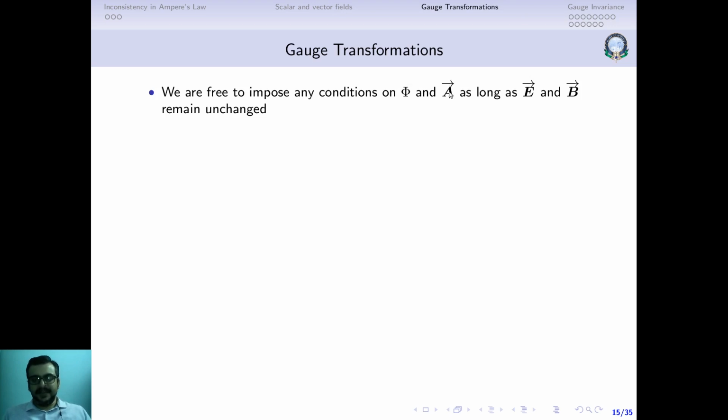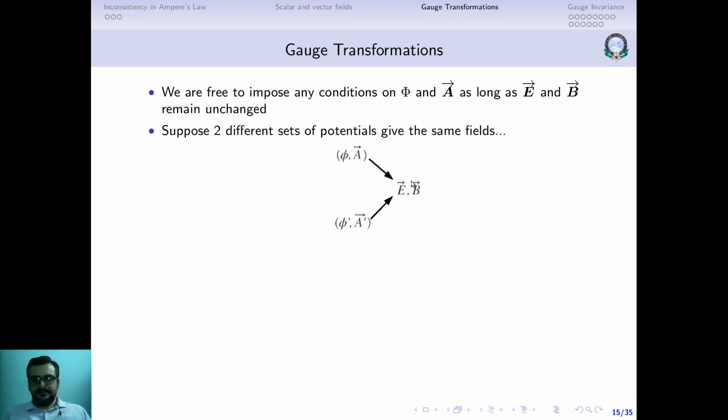But phi and A are not real physical quantities. The real physical quantities are the electric and magnetic fields. So as long as the electric and magnetic fields remain the same, you could choose any set of phi and A.